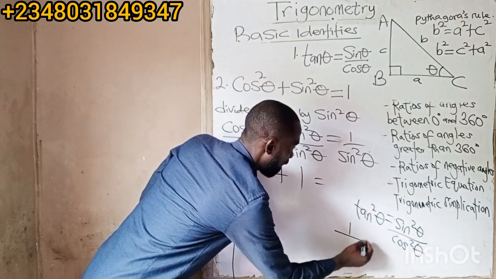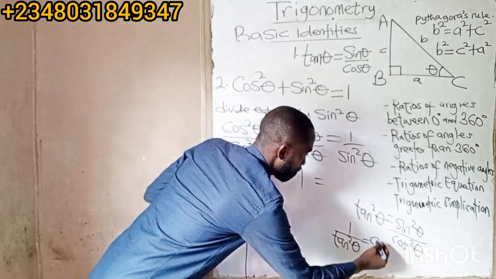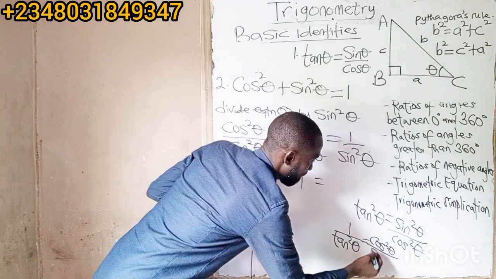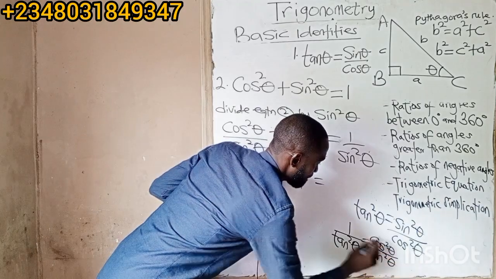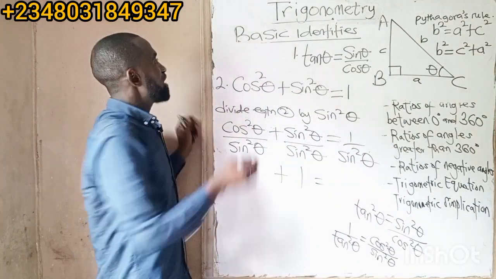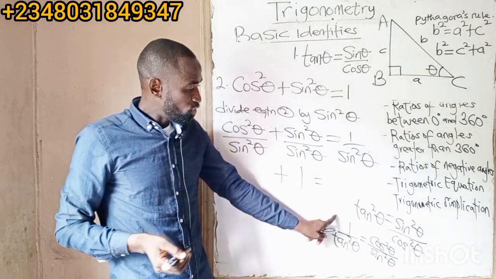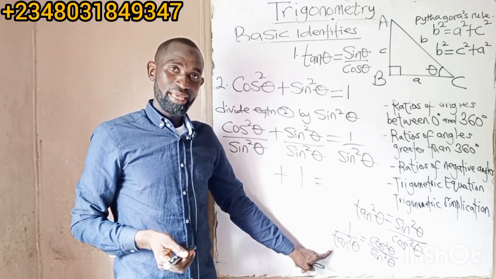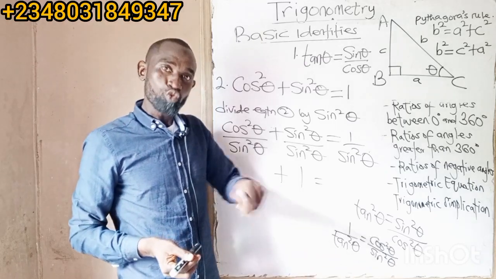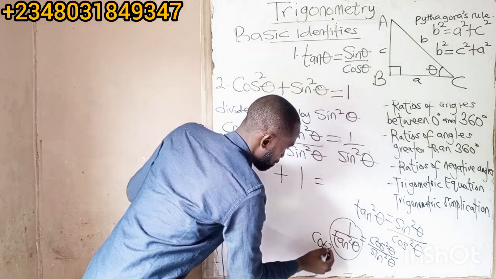So 1 all over tan square theta gives us cos square theta all over sine square theta. If I change it, the reciprocal, the inverse of tan is cot. The inverse of tan square theta will be cot square. This one gives us cot square theta.